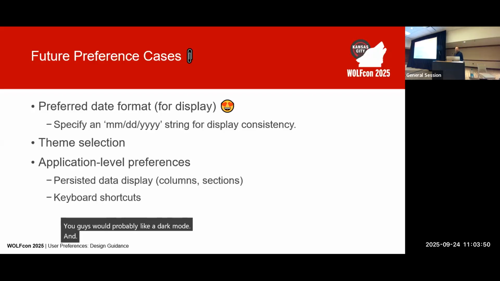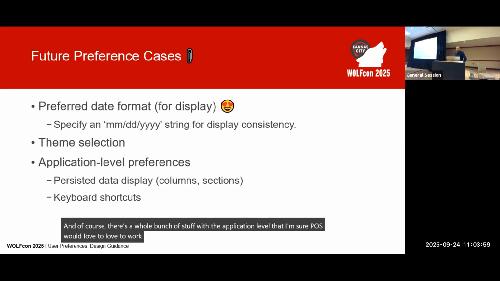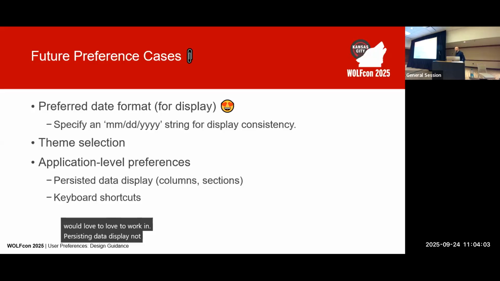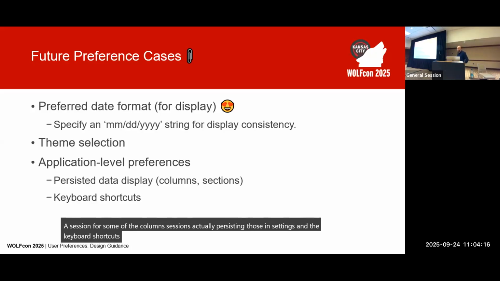And of course, there's a whole bunch of stuff at the application level that I'm sure POs would love to work in. Persisting data display, not just doing local storage, not just session, for some of the columns, sections, actually persisting those in settings, and the keyboard shortcuts, which we mentioned.